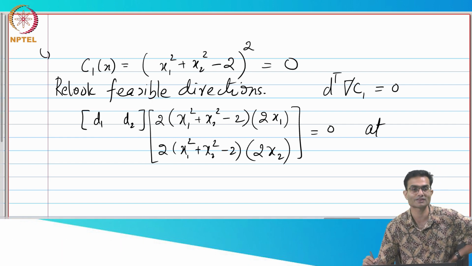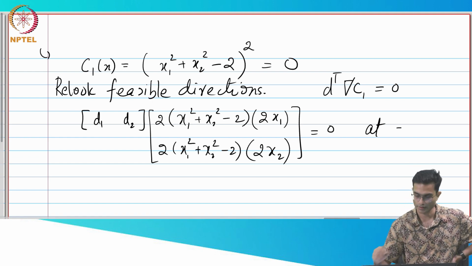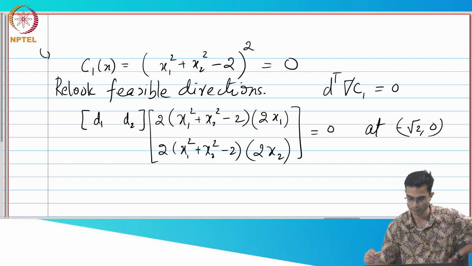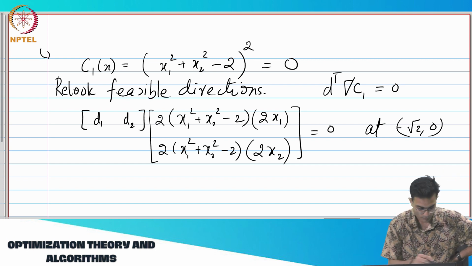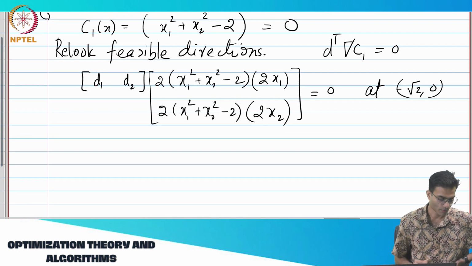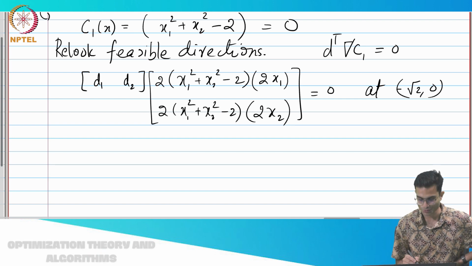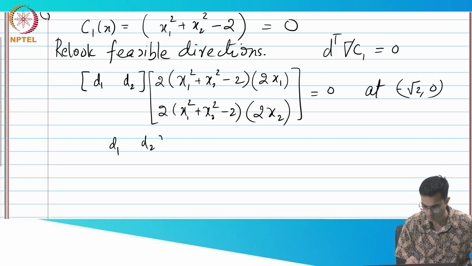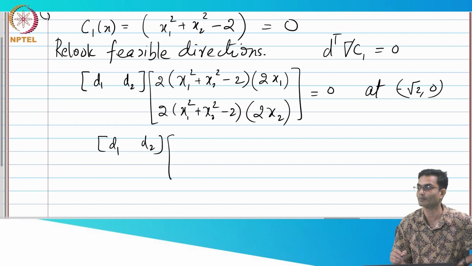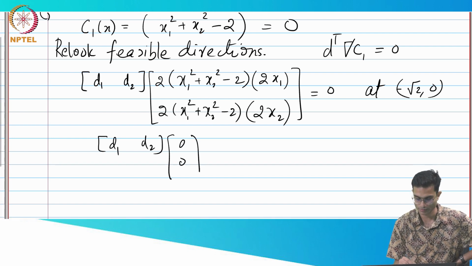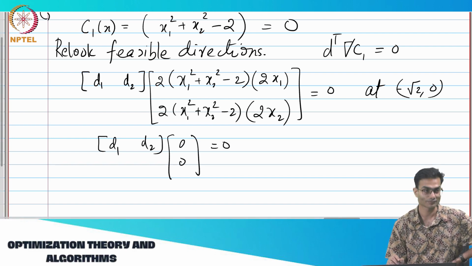At which point am I investigating this? The point is the same, right? Minus root 2 comma 0. What does this translate to? When I substitute this, I am in deep trouble. d1, d2, what does this evaluate to? 0 comma 0 is equal to 0, right?